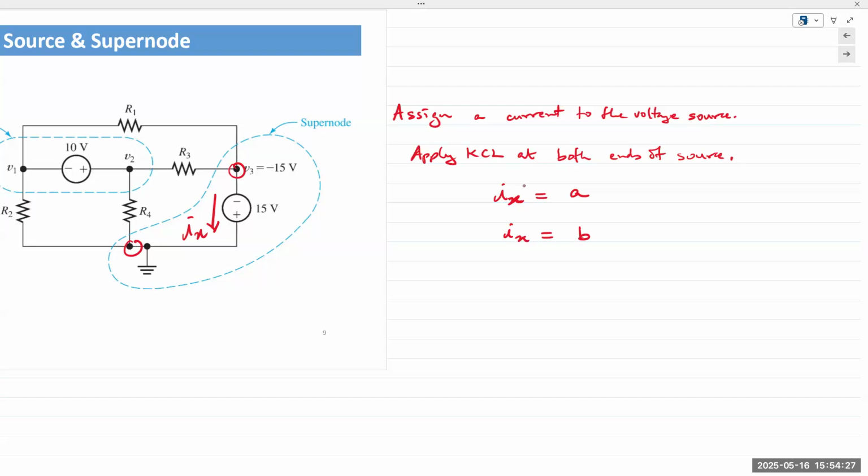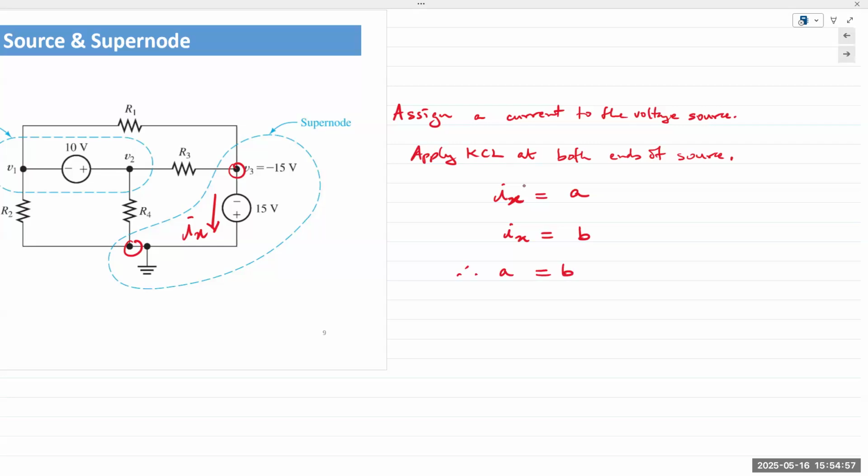The common thread is the voltage source current, which is Ix, is present in both equations. You rearrange the terms, so you obtain Ix is equal to A, and you obtain Ix is equal to B. Not necessarily a solution, but you'd have some KCL equation. And then you can simply write A equals B. Thus, we have no need of Ix.